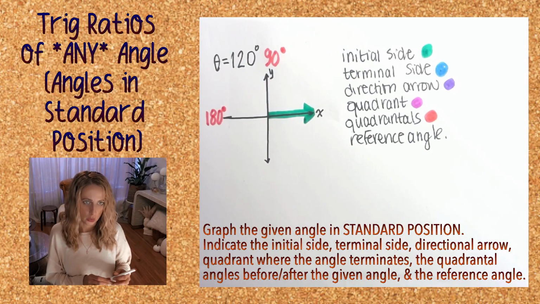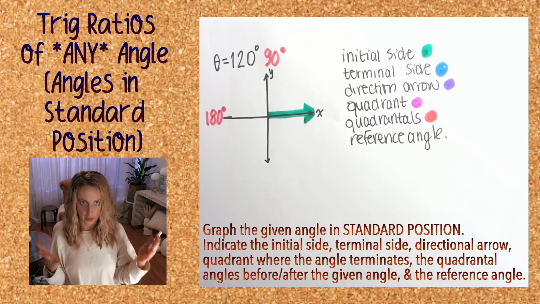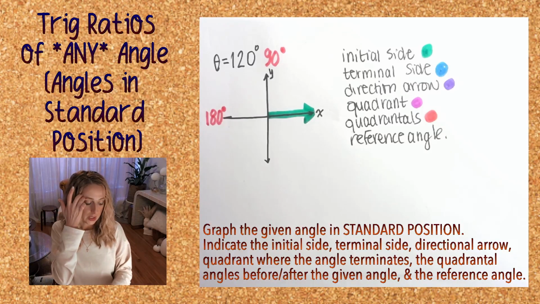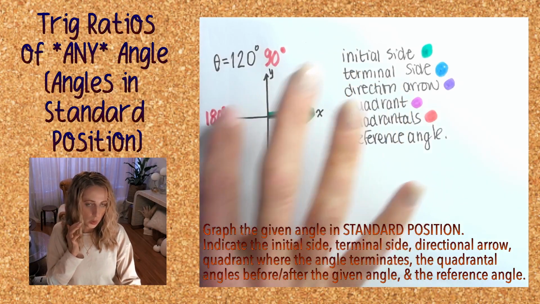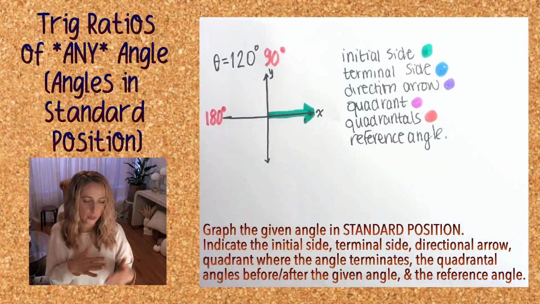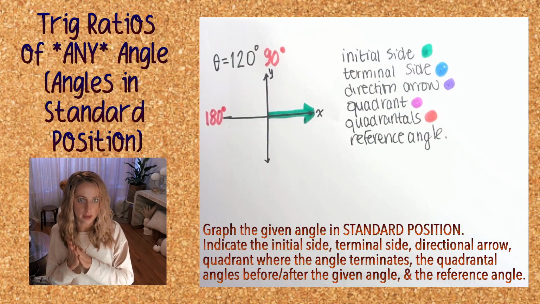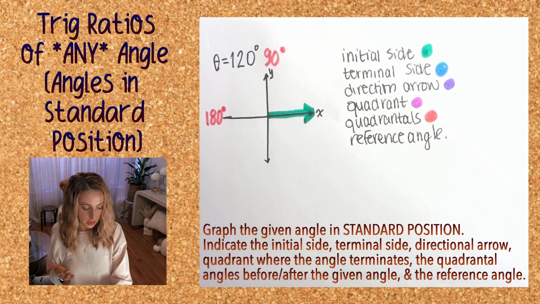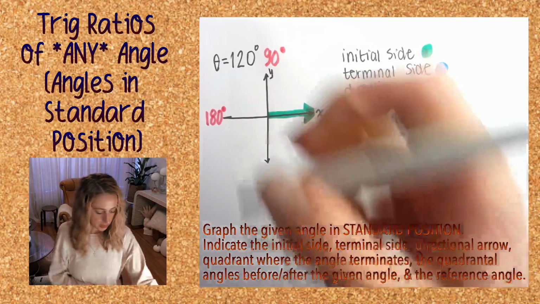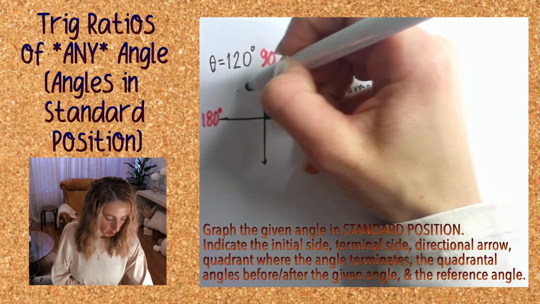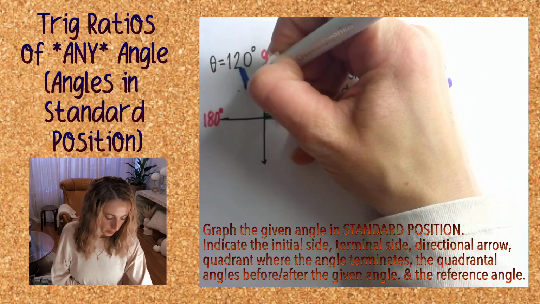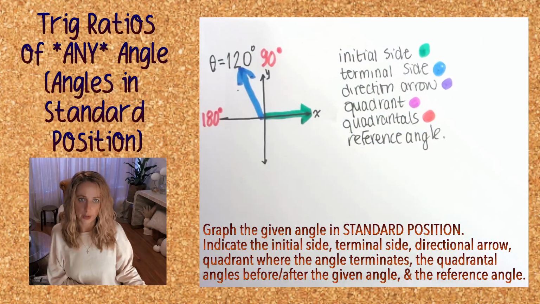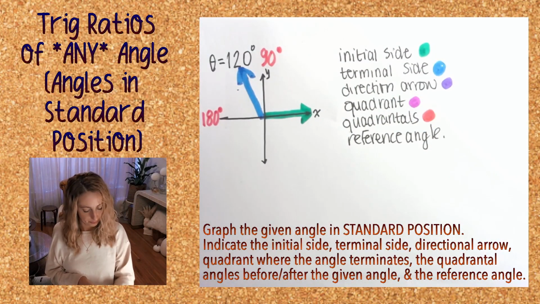Quadrantal angles are angles that separate the quadrants, 90 degrees and 180 degrees. 120, where is that in relation to those two? 120 is 30 degrees after 90, and it is 60 degrees before 180. So my terminal side is not going to be in the middle as much as it's going to be closer to the 90. And put a little arrow at the end of that right there.